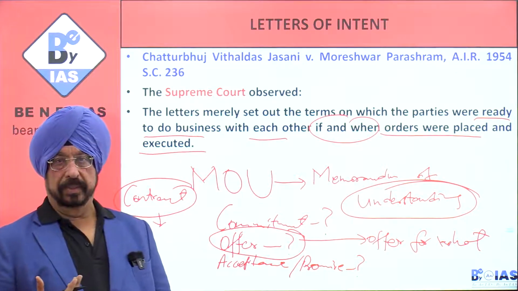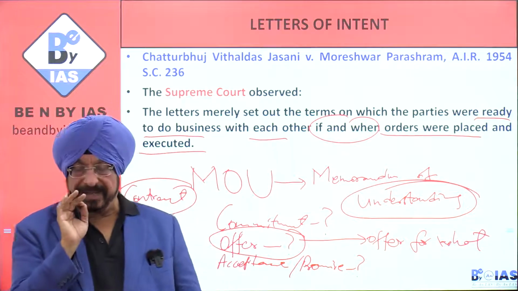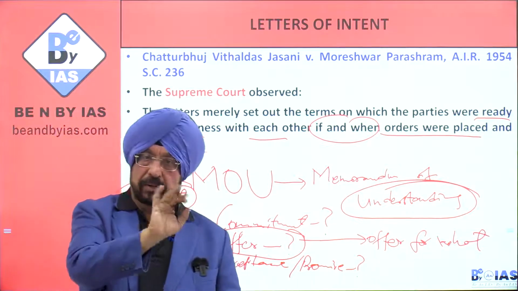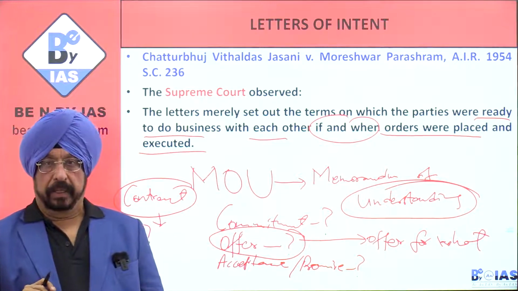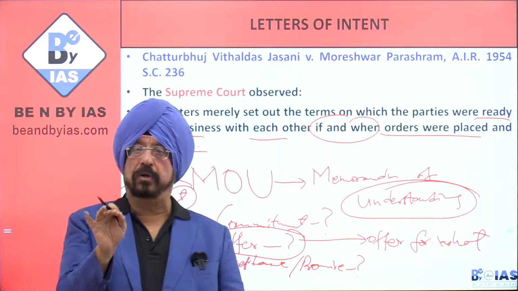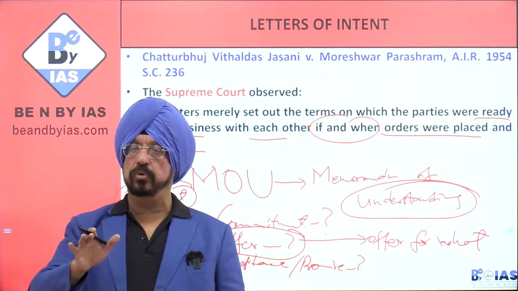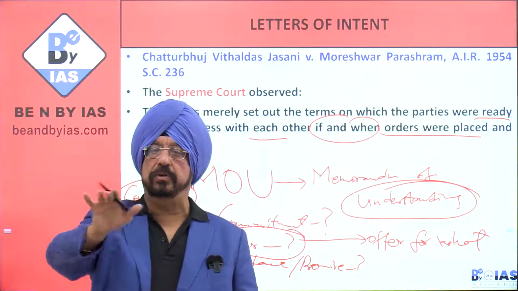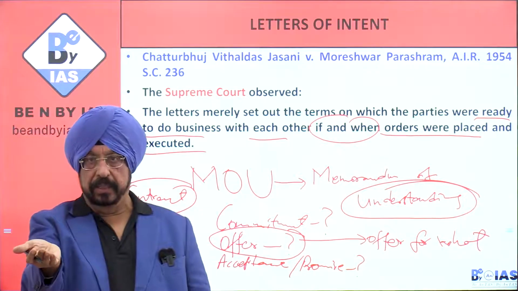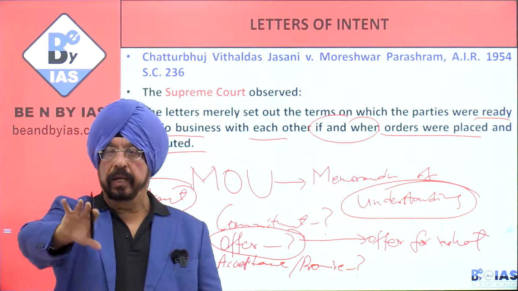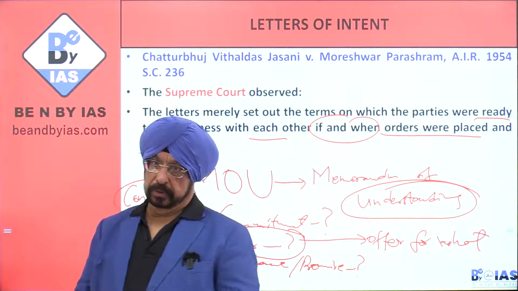We reach an understanding. See, unless and until there is a written offer, suppose you're talking of the bank, it has to be in the form of a contract. If it is only an MOU, it is just an understanding between you and the bank that we will complete these formalities for a loan to be given to you, maybe a house loan or a car loan.